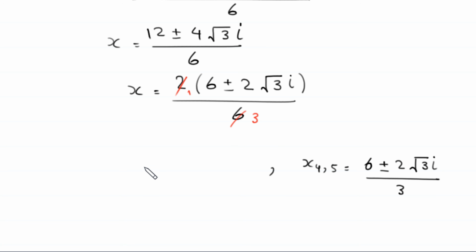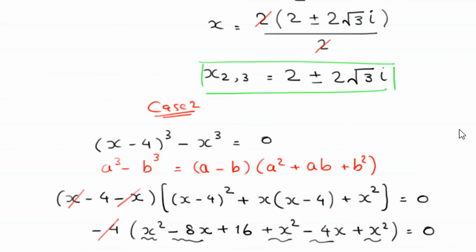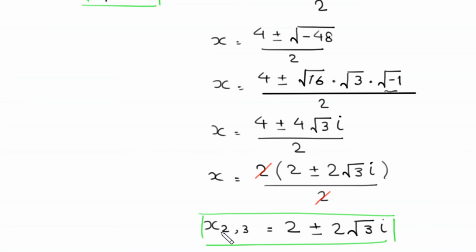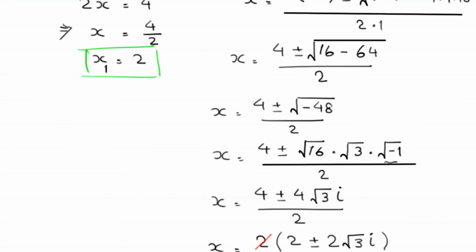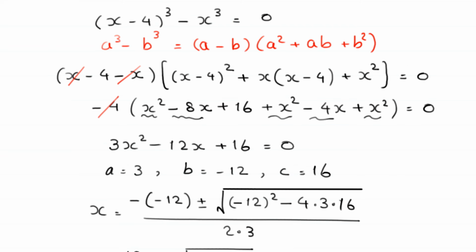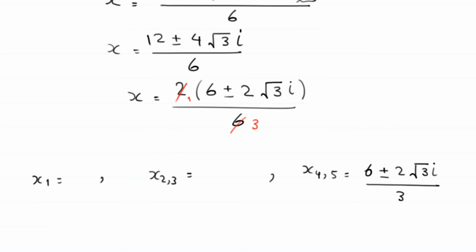And first we found the value of x2 and x3, and x1. The value of x1 is 2, and the value of x2 and x3 is 2 plus minus 2 times root 3i.